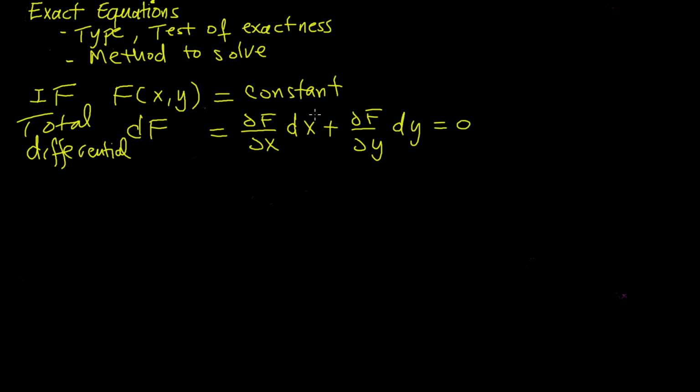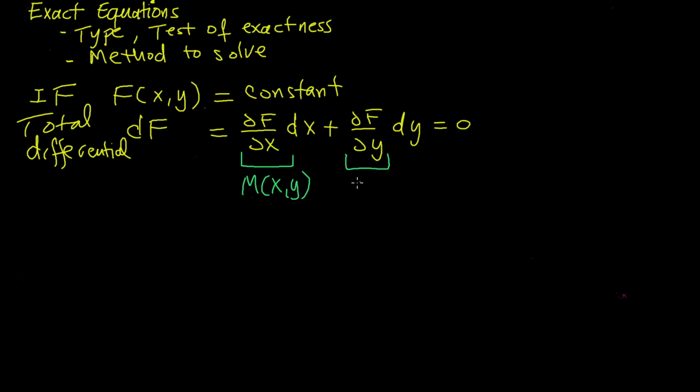So I'm trying to do this in a concise way so you see the two things that are needed, and it will actually make this easier than it looks. So here, what happens? This partial derivative of f with respect to x, let's call it M of x,y.